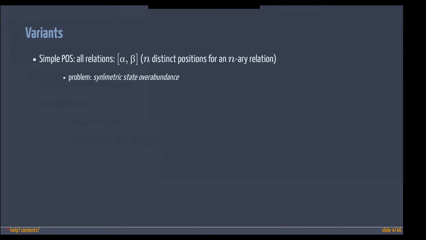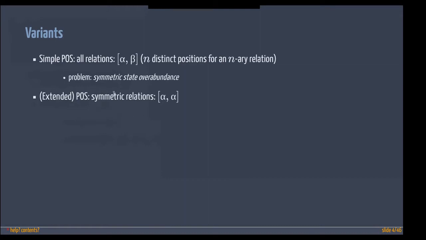So this is what some authors call the symmetric state overabundance. For instance, if you have the next-to relation and you have two next-to positions, we end up getting two next-to relational states in the end, where we expect only one. So this is a basic problem we will find over and over again, as I'll show you throughout.